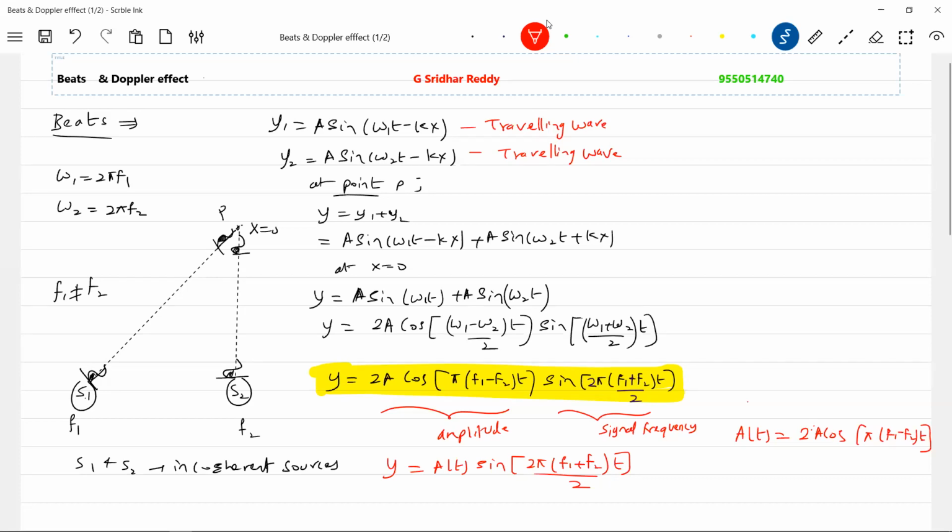This is the amplitude of that particular given signal. Now, sir, how can you say this is the signal? These two are signal frequencies, f1 and f2. Let me write it because I'll be using it often. f1 and f2 are signal frequencies, or frequencies of the wave.